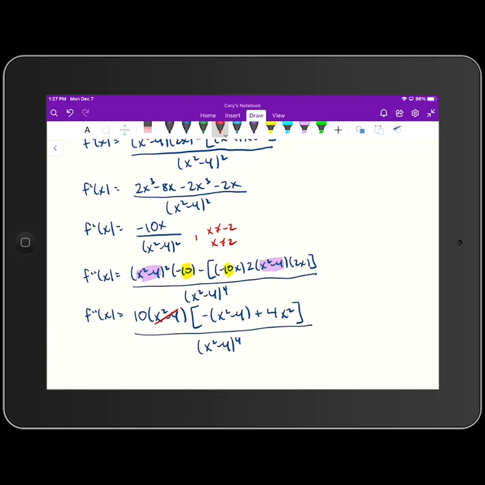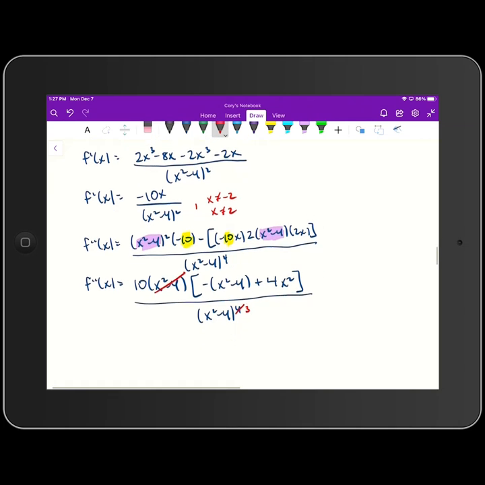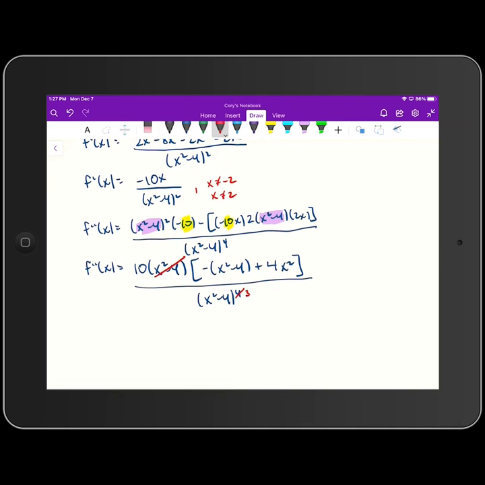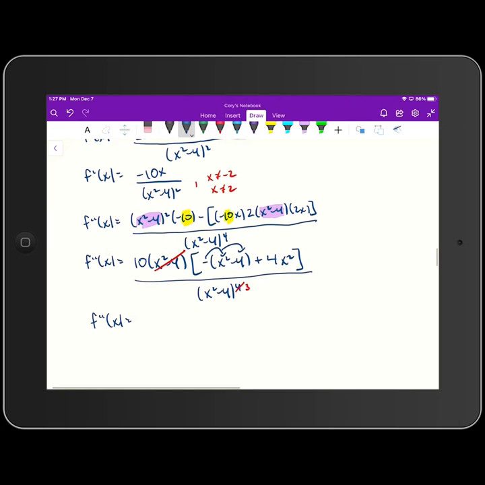So I can cancel that factor of x squared minus 4 on top with one of the factors of x squared minus 4 on bottom, which is going to make f double prime of x. When I distribute the negative across both of these terms and combine like terms in the brackets, we are going to get 10 times 4x squared minus x squared is 3x squared. The opposite of negative 4 is positive 4.